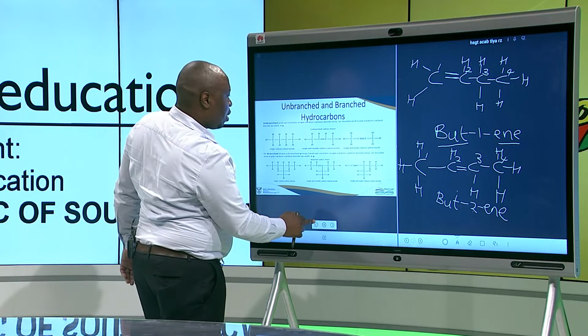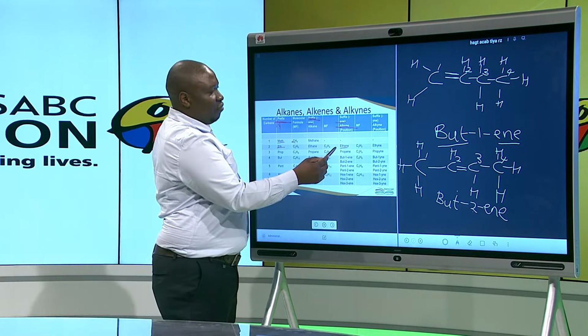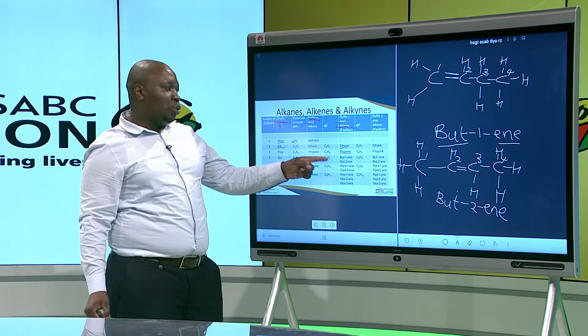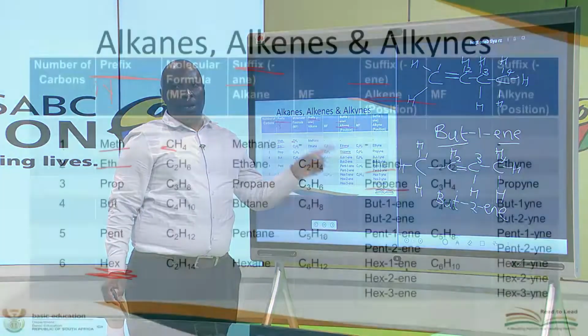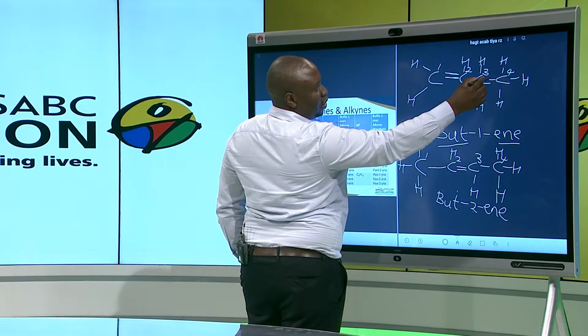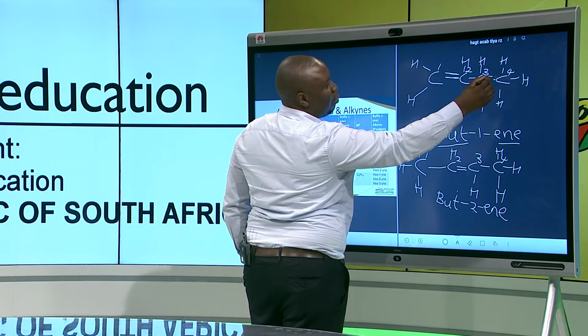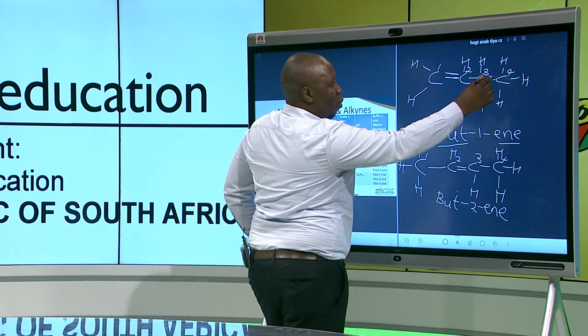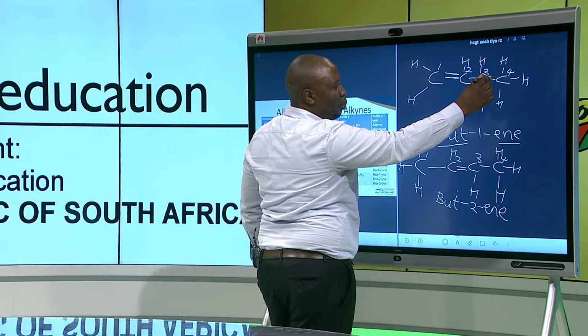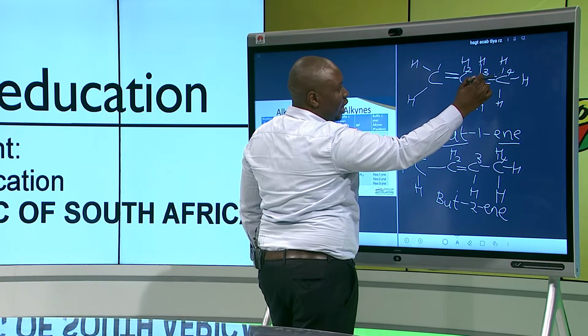So that's why we indicated here that for ethene, you just write ethene, then you have propene. But when you go to but, you'll have but-1-ene and but-2-ene. However, you can't have but-3-ene, because if you put the double bond on this carbon, it becomes carbon number 1. When you are numbering, you always number from where there is a functional group. Where there is a functional group, that's where you start numbering.